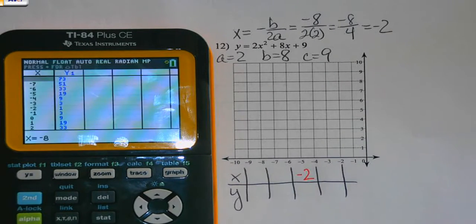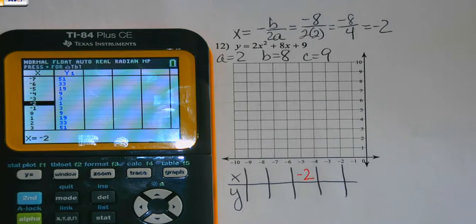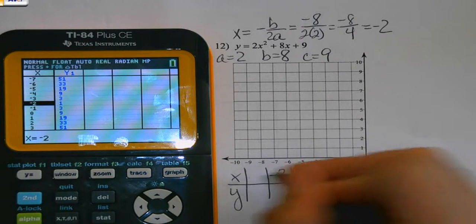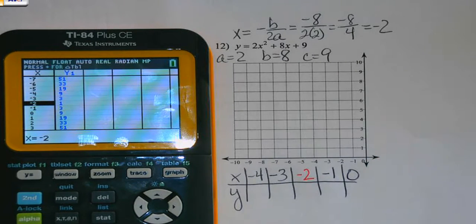And I'm going to pull up my graph. Remember, negative 2 for x needs to be in the middle. Once I see that, before I write anything else, I'm going to see, do I see symmetry? If I go to that vertex and go above and below it, do I see the same numbers? And I do. So now I feel comfortable doing my minus 1, plus 1, plus 1.